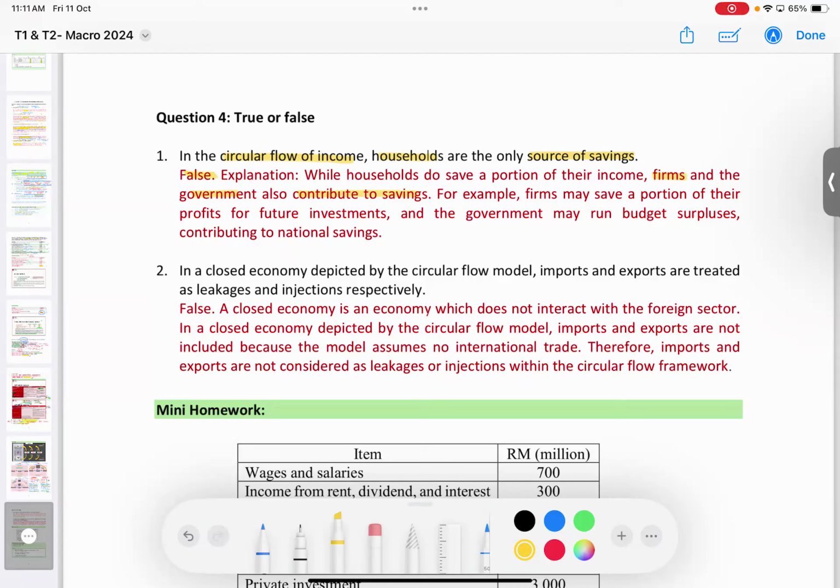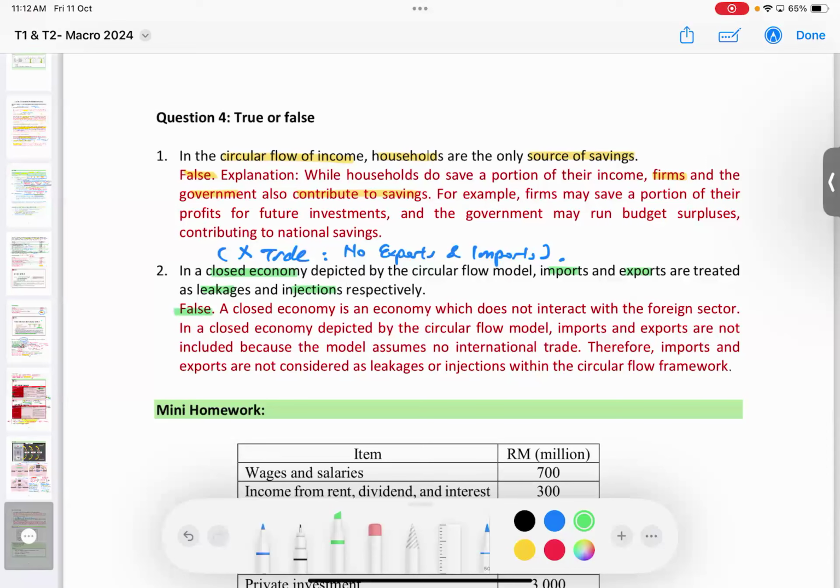Next question. In a closed economy, imports and exports are treated as leakage and injection respectively. A closed economy has no trade. If there's no trade, there will be no imports and no exports. Therefore it is false.